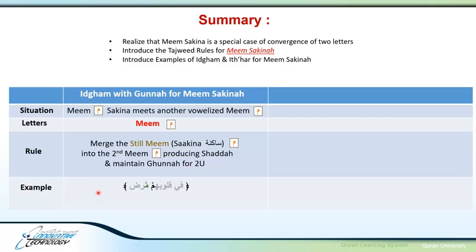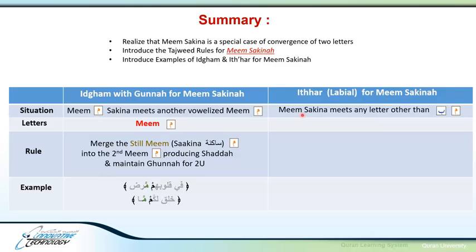The example: في قلوبهم مرض. Meem Sakinah followed by meem with fatha, both of them produce a meem with shadda. قلوبهم مرض. Another example would be خلق لكم ما. Then we took the idhar, where we explained that the idhar happens when the Meem Sakinah meets any letter other than the meem and the ba.